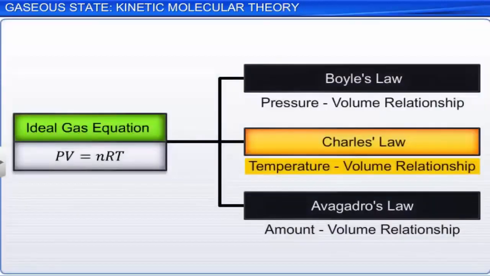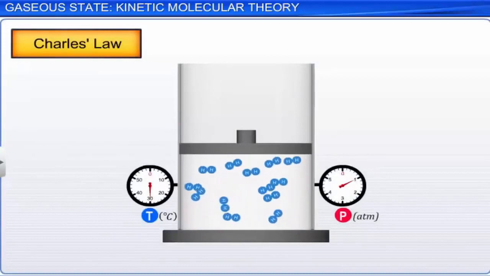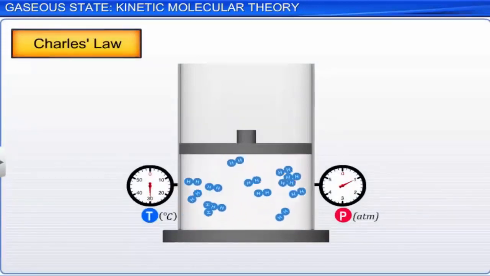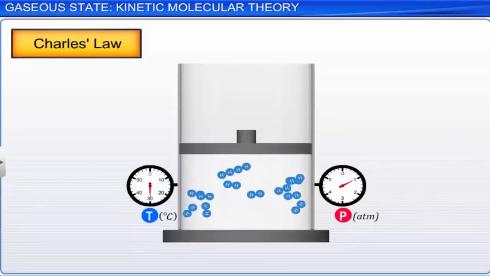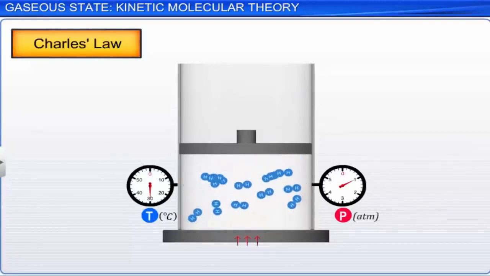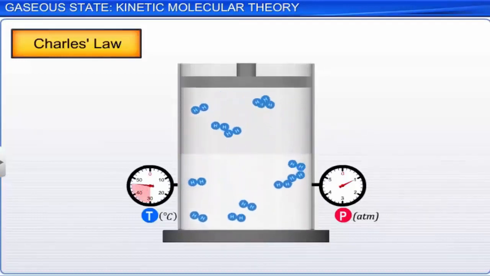When it is heated, according to kinetic molecular theory, the average kinetic energy of the molecules increases. Then, molecular velocities increase, thereby increasing the number of collisions with the walls of the container as well as the momentum of each molecule.